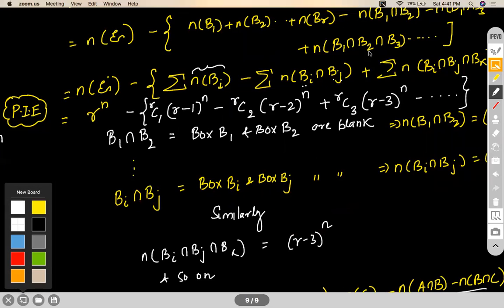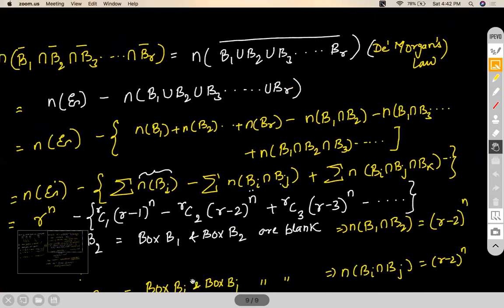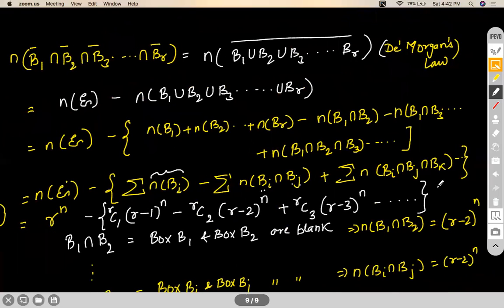anybody wants to copy this? Could you go up for a second? Up for a second means this part. Okay, this is something which you need to note down. So I'm writing note next to it.